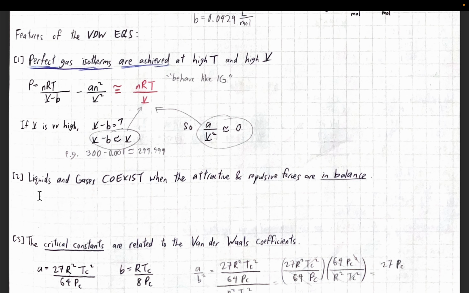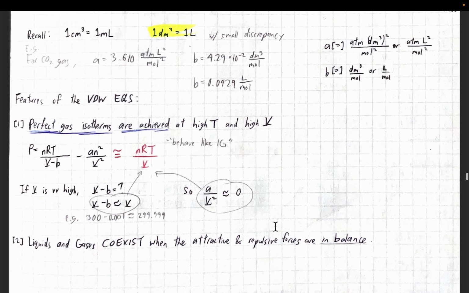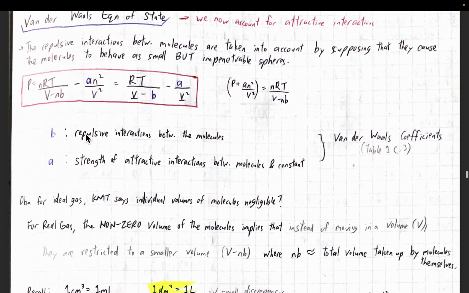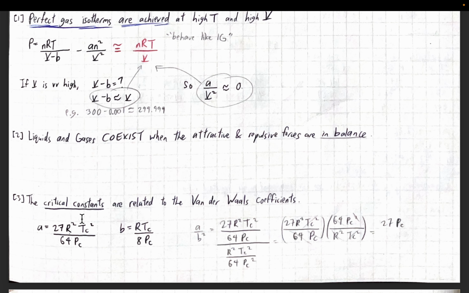Okay, second feature, liquids and gases coexist when the attractive and repulsive forces are in balance. Third feature, the critical constants are related to the van der Waals coefficients. So, aside from having the specific values of A and B for each kind of gas, there is actually a formula, no? Specifically for van der Waals equation of state, the formulas for A and B are as follows, no?